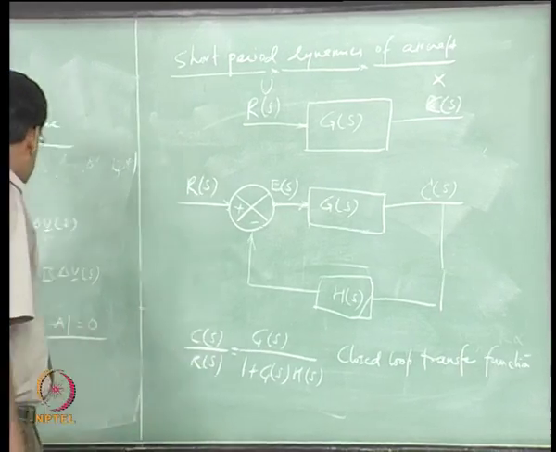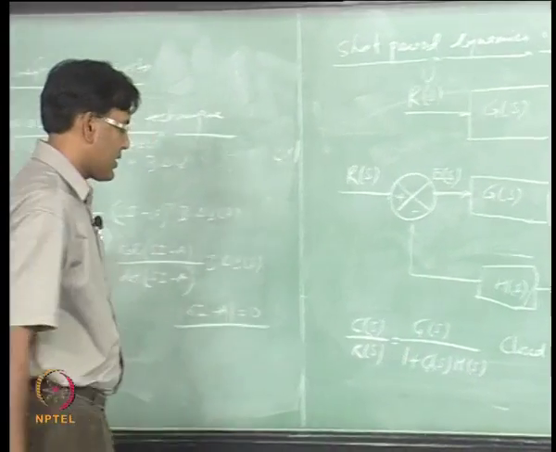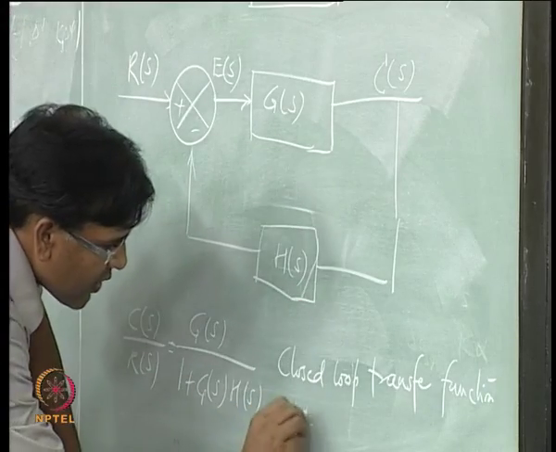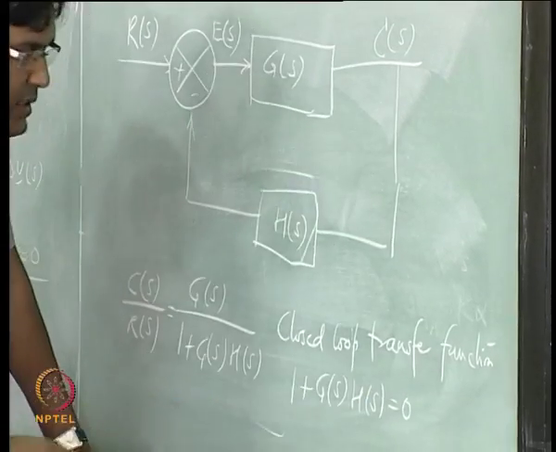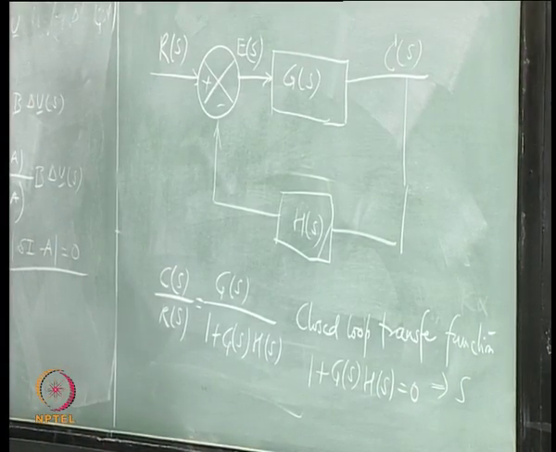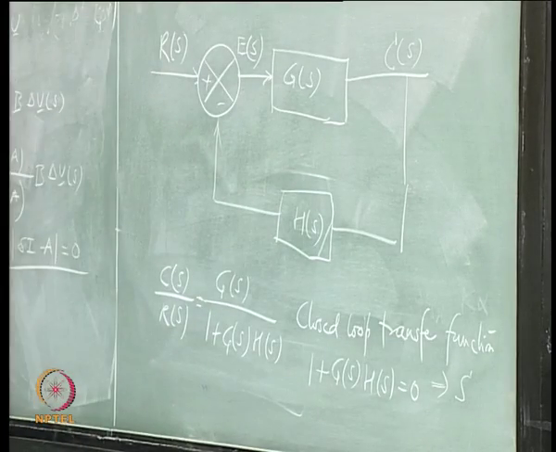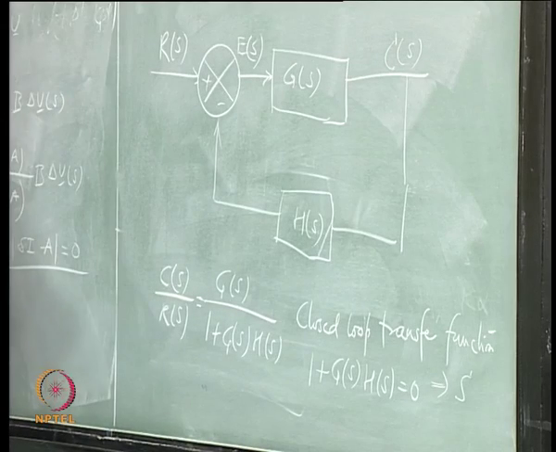When this happens, clearly the denominator here is modified, and the solution of this is what governs the dynamics. So, now if we want to look at the behavior, that will be governed by the solution of this equation, which is the characteristic equation, and the solution of which is S, and S is also nothing but the poles or the eigenvalues of the closed loop system.